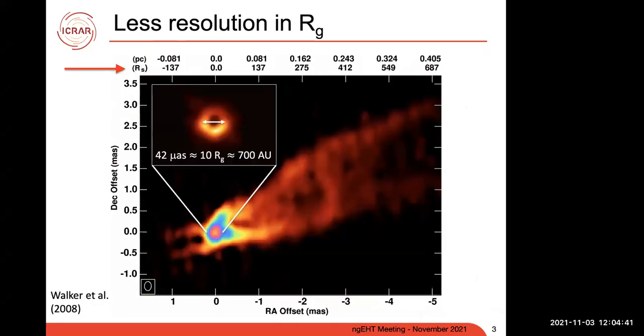The downside to studying these X-ray binaries is that we have much less resolution in gravitational radii. So in M87, the resolution with the EHT is of course sufficient to image the photon ring and the black hole shadow.